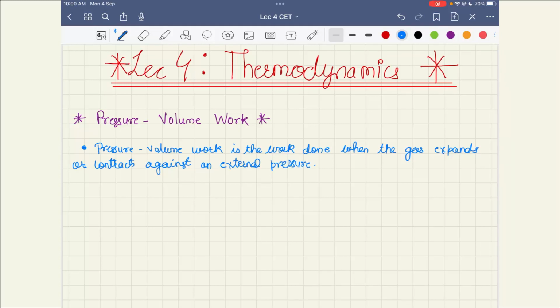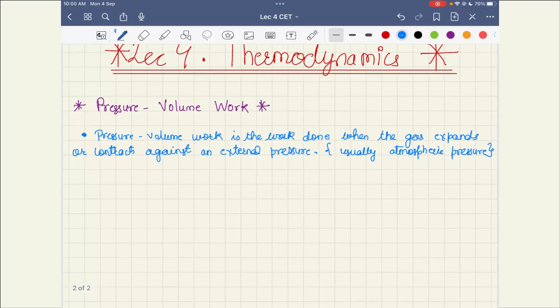Now this pressure can be anything, but usually we consider this pressure to be atmospheric pressure, right?